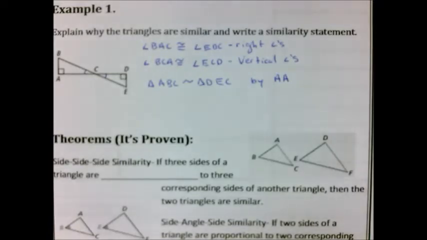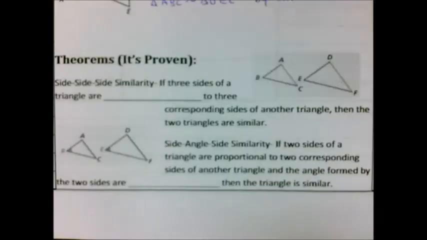Okay, let's do some more theorems. Theorems are a little bit different than postulates. Theorems are proven. It's been proven that this is true. So if you have side-side-side similarity, that's another one of our shortcuts.